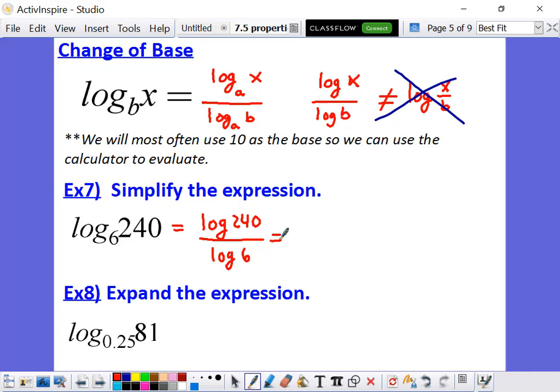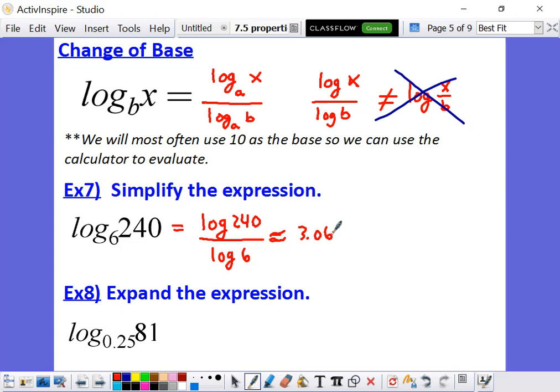And literally on my calculator, I'm typing log 240 and dividing it by log 6. And I get approximately 3.06 as my answer.